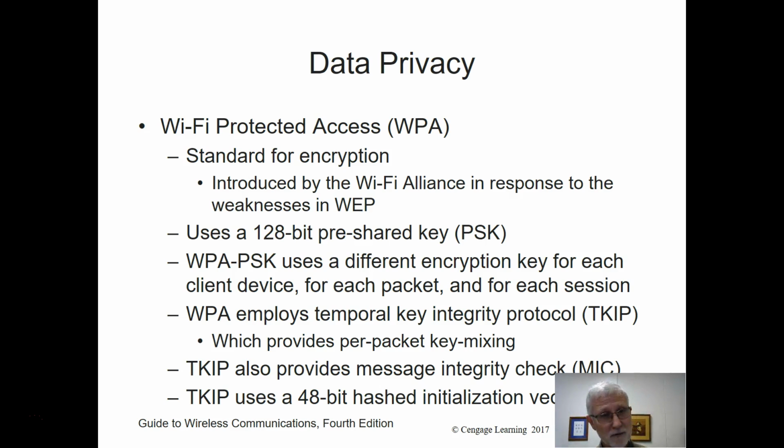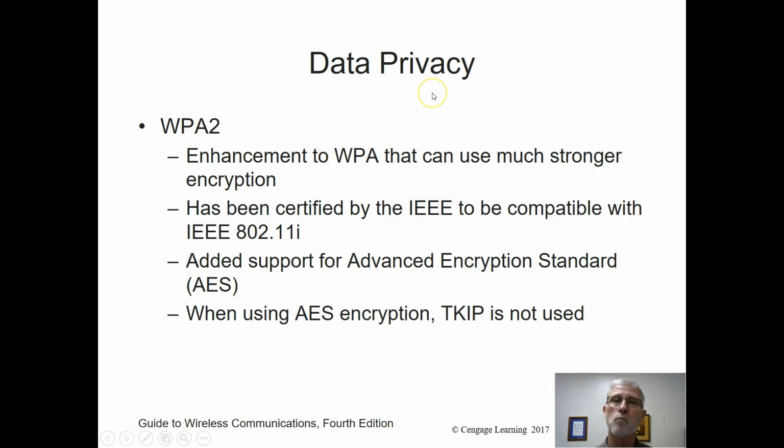It uses a different encryption key for each device, for each packet, for each session, so it's changing this encryption key a lot. WPA employed the Temporal Key Integrity Protocol, TKIP, which gives per-packet key mixing, plus integrity checks with a 48-bit hash algorithm.